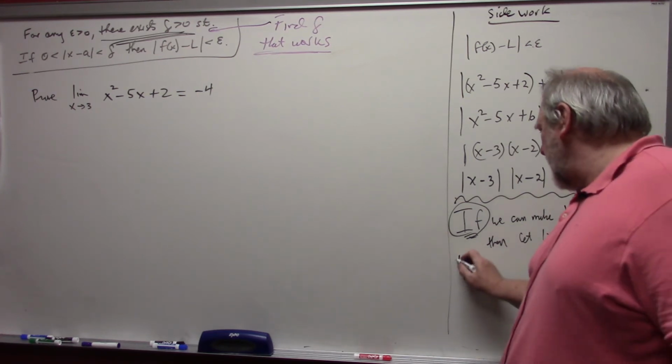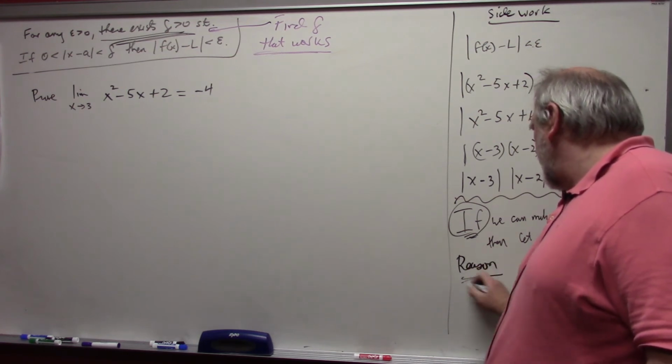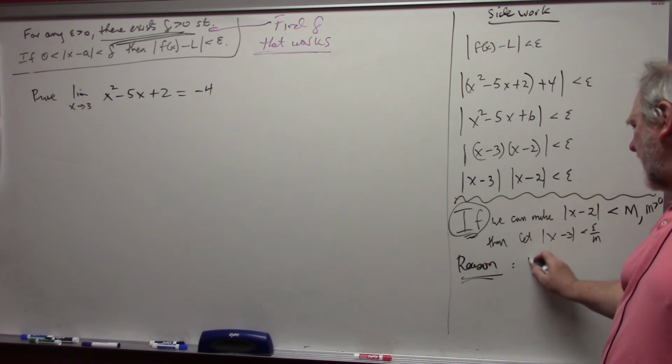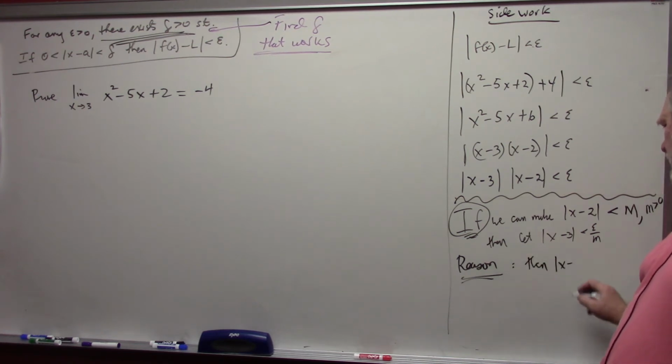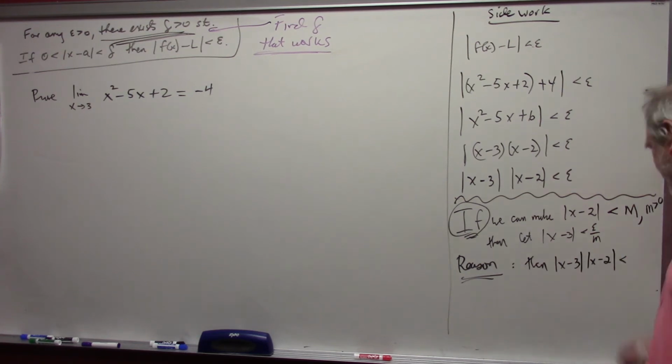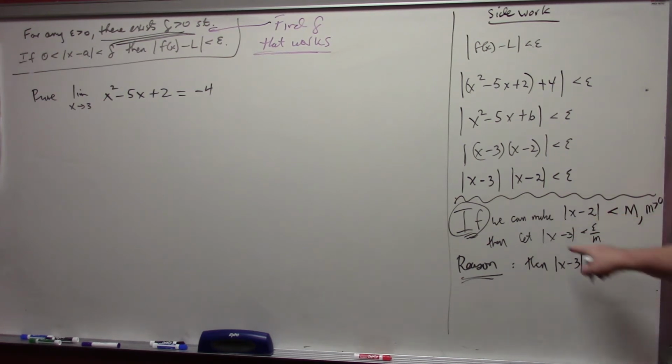The reasoning being, then the product, the absolute value of x minus 3 times the absolute value of x minus 2, would be less than... if A is less than B and C is less than D, then A times C is less than B times D. In other words, this is less than m and that is less than epsilon over m, then the product of this times that is less than m times epsilon over m, which magically comes out to be epsilon, which is what we want.